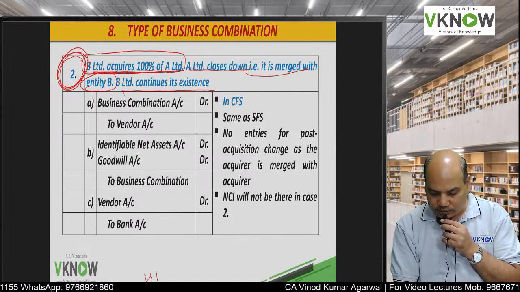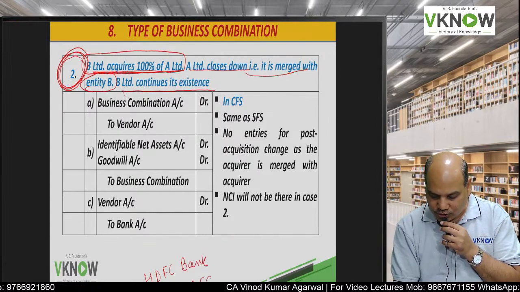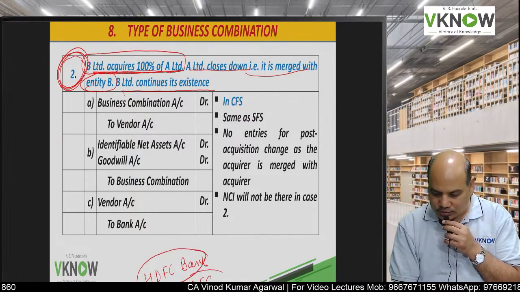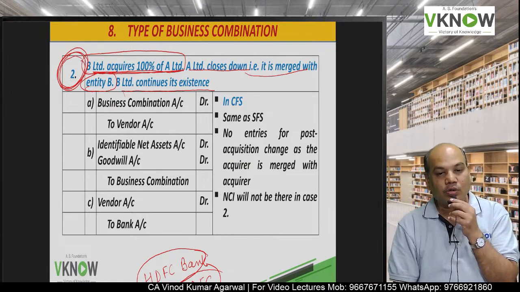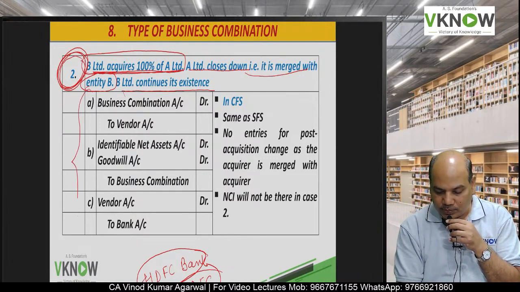Like for example, SDFC Bank will acquire SDFC Financial Institution. Only this will continue. SDFC Financial Institution will close down. In that case, this set of entries will be passed.